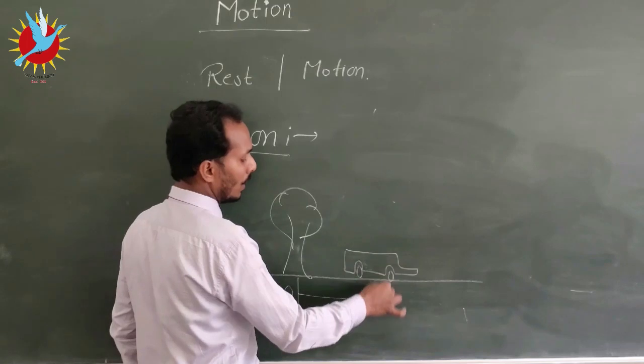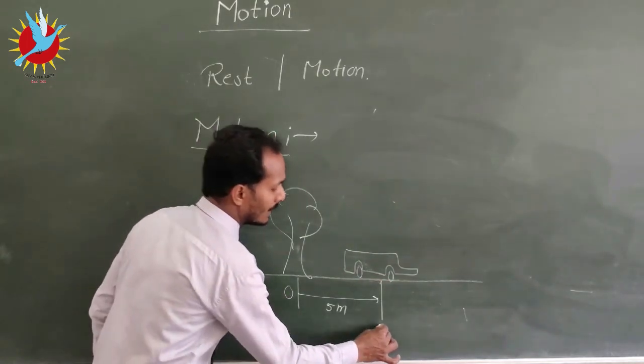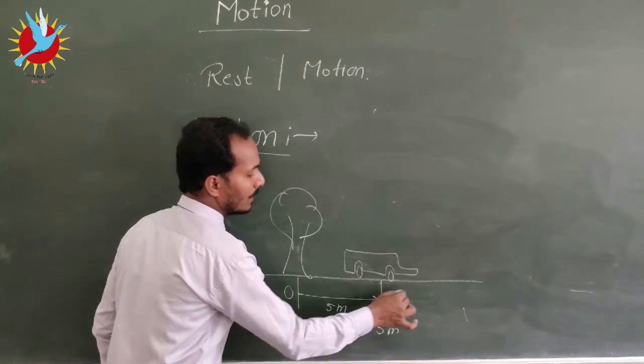Then we observe it is at 5-meter distance. It means its position is 5 meter.